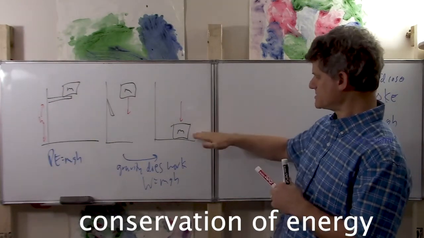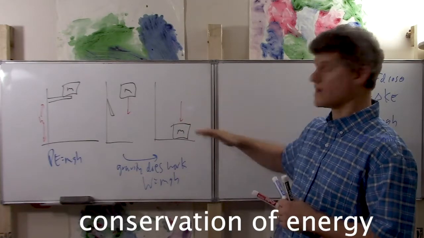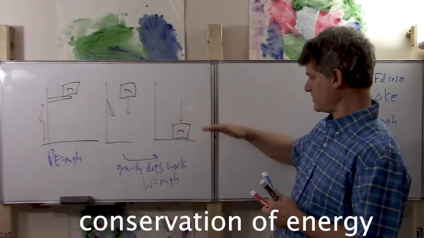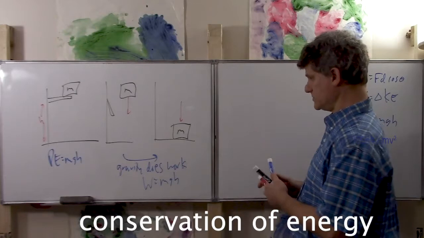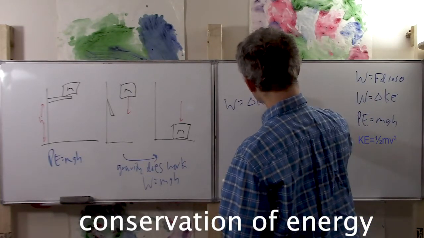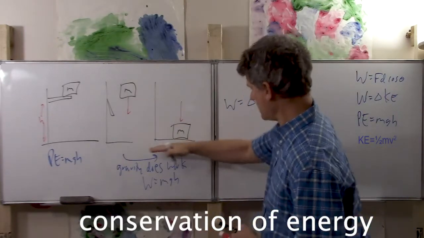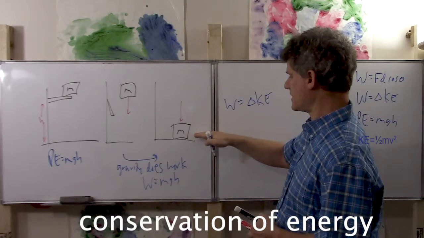When it gets to the bottom, just before it hits the ground, it's going to have a certain amount of kinetic energy because it's moving very fast. How much is that equal to? From the work-energy theorem, work changes kinetic energy. So when it goes from the top to the bottom, it changes the kinetic energy by this amount.